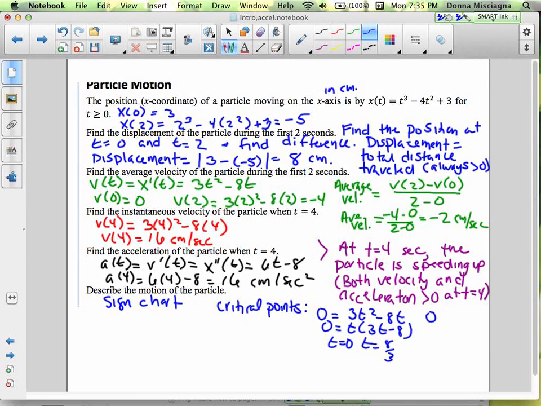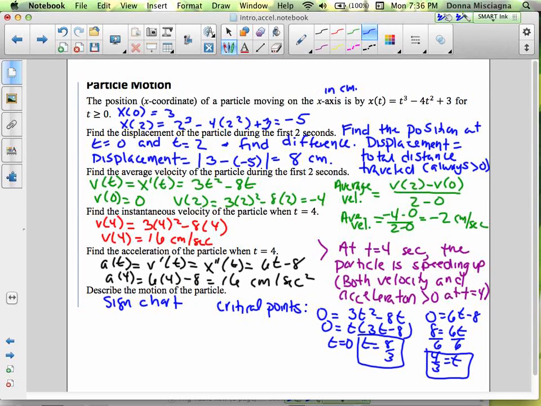And then let's set acceleration equal to 0. So we have 0 equals 6t minus 8. So 8 equals 6t, and if we divide both sides by 6, 4/3 equals t. So those are our critical points, the ones that are really going to matter here because this is dealing with time, which has to be positive, and we haven't gone anywhere at t equals 0.